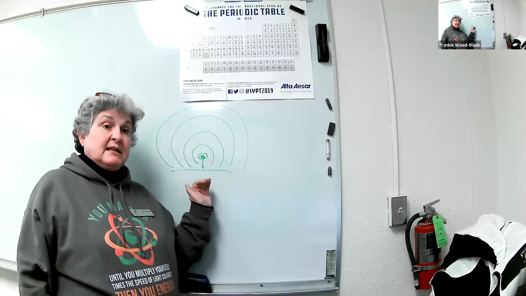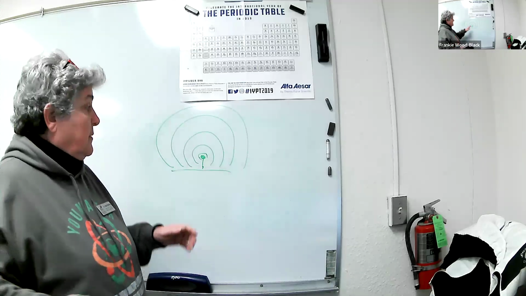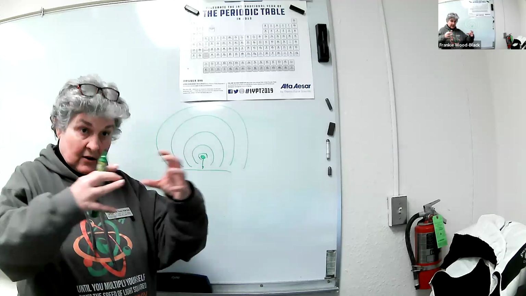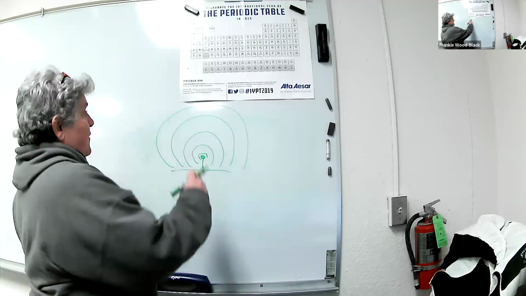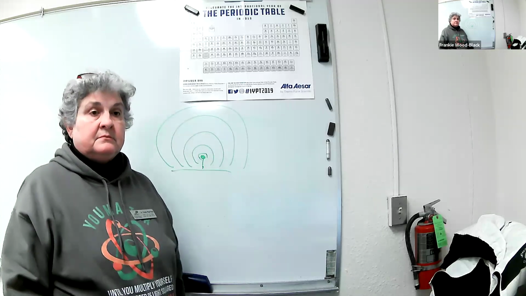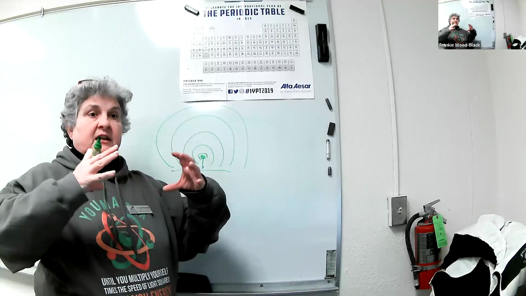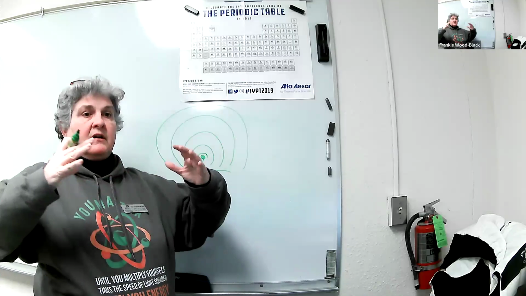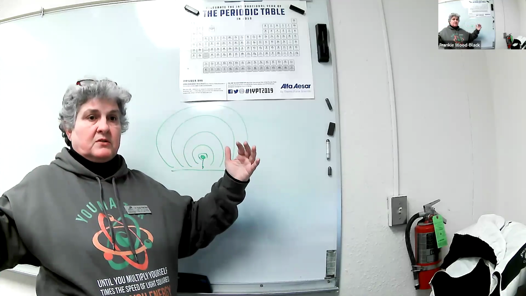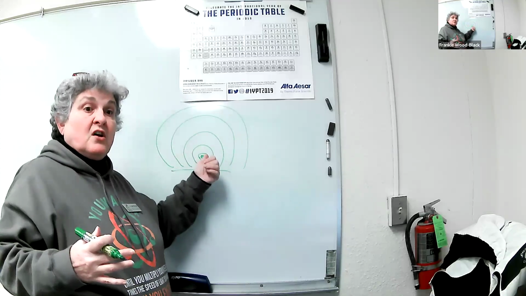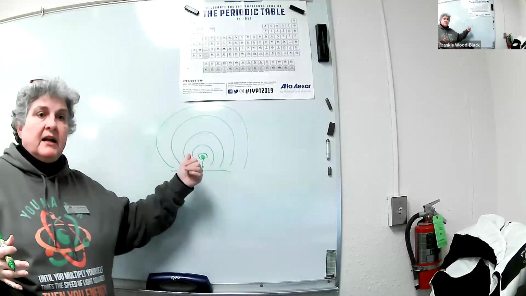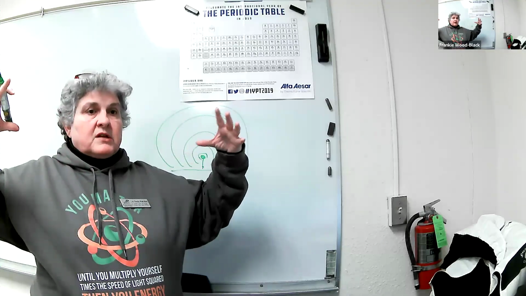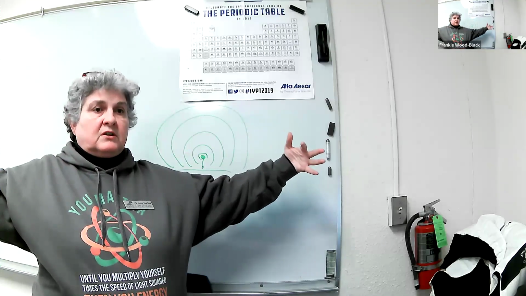We actually see this decrease because if I look at this wave front, what's happening to the energy of that wave? The surface area is getting bigger and bigger and bigger as it goes out, right? This is also spherical. I've represented it as a circle on the screen, but we know it goes out like a big balloon, spherical, spherical, spherical.